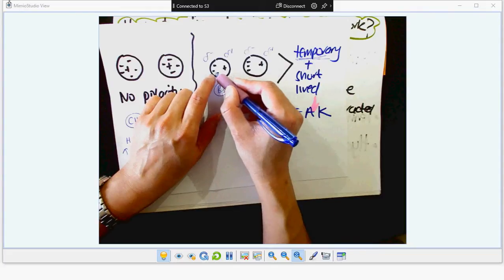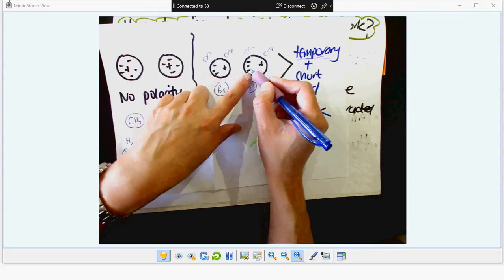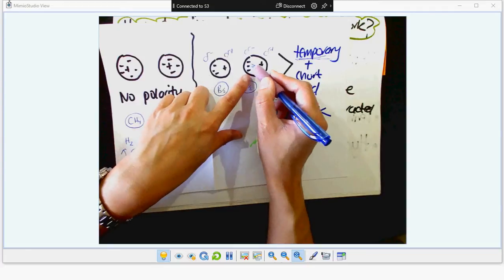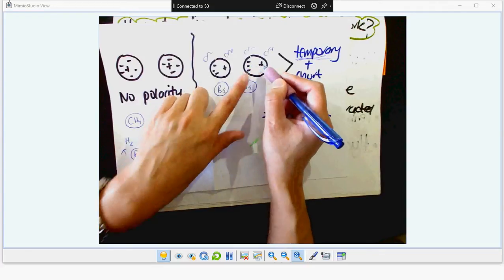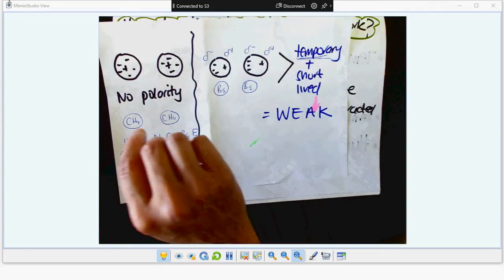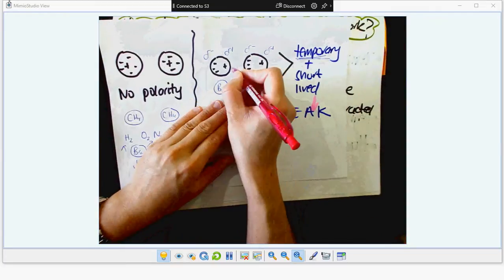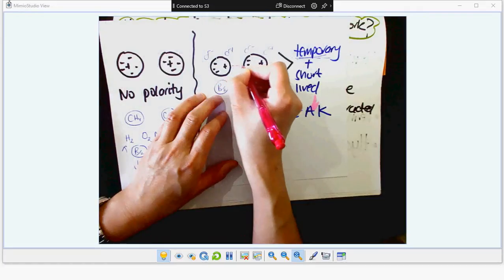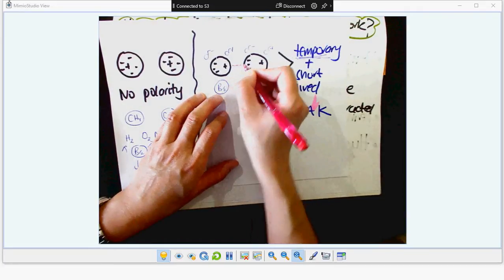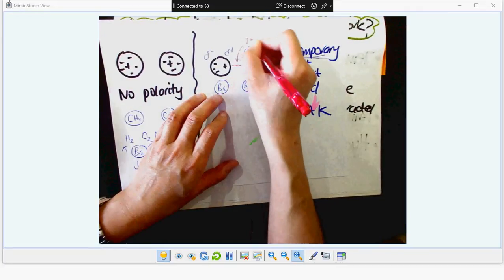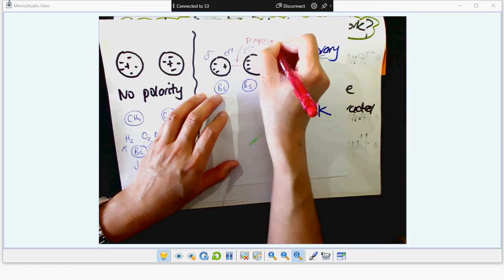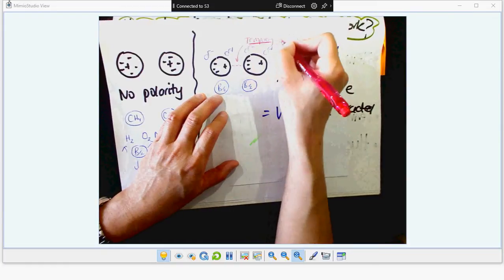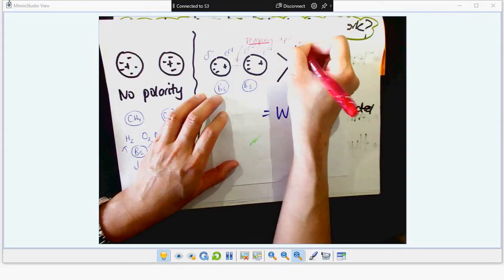One end will be negative, one end will be positive, and on the other Br2 molecule, one end will be negative and one end will be positive. And what you will have here is a temporary dipole bond, where the Br2s are slightly attracted to each other. So this only occurs for a fleeting moment.